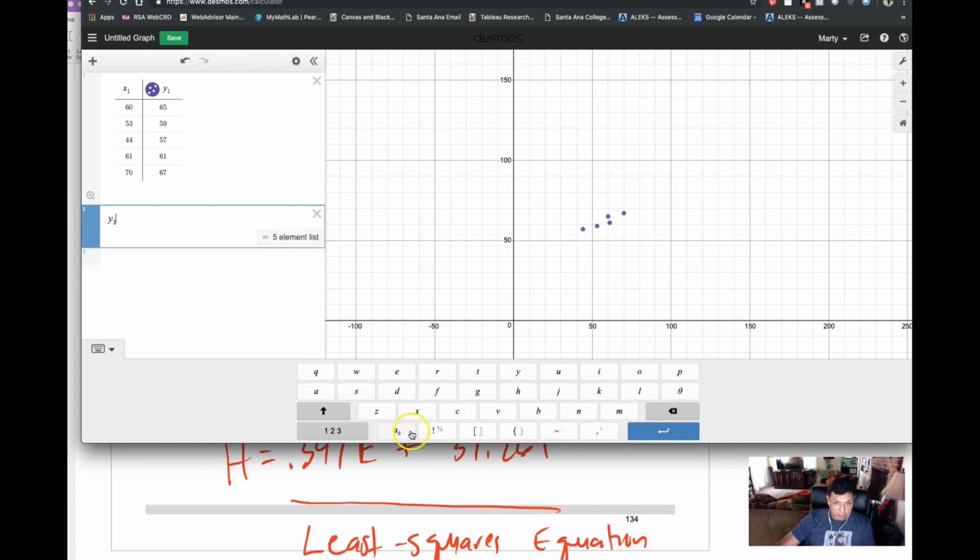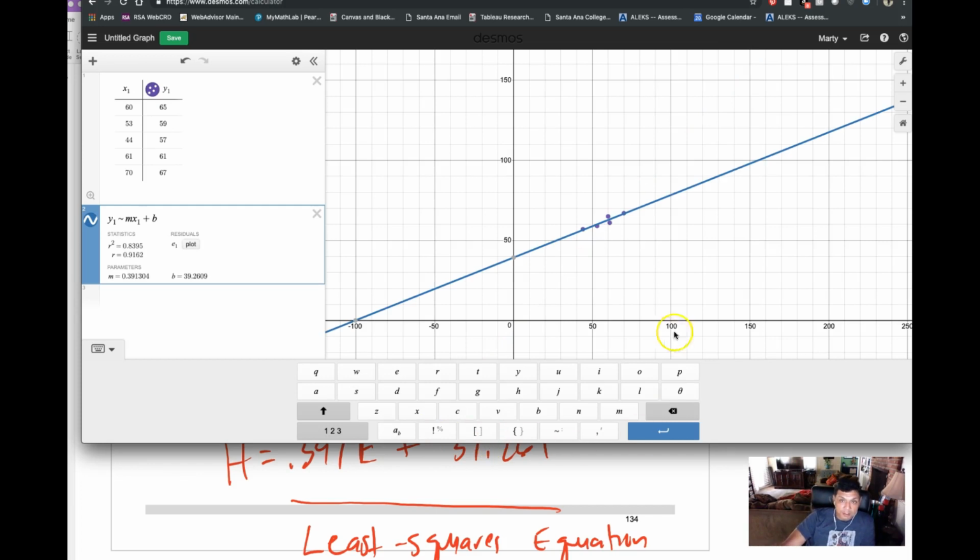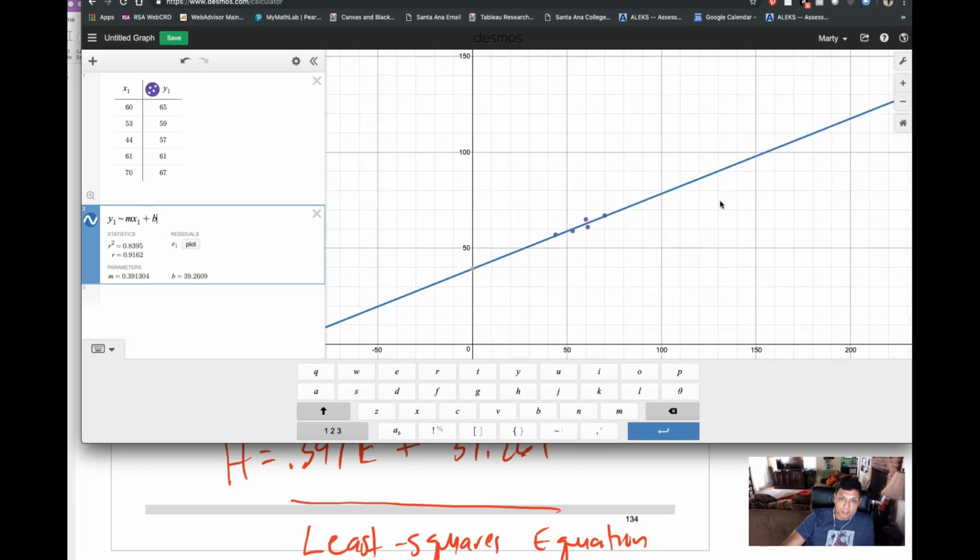Arrow over, and then you use this symbol here, and you click that. By typing these commands, what you're doing is asking the computer, or Desmos, to find the line of best fit, or the least squares equation line. You can see it goes to the points. So what we did by hand on the warm-up, the computer is doing for us right here.